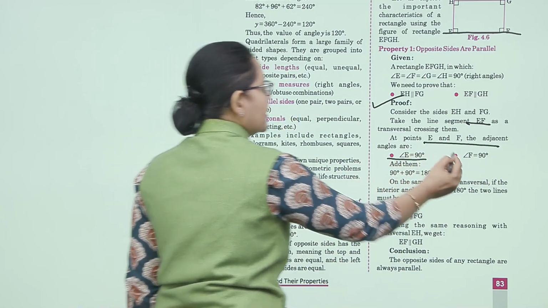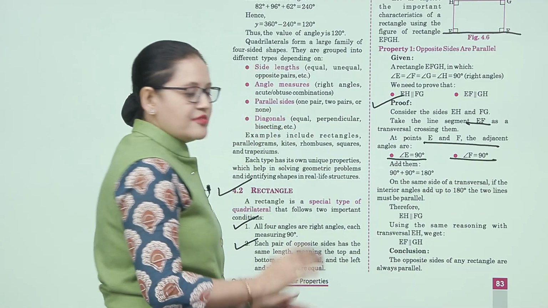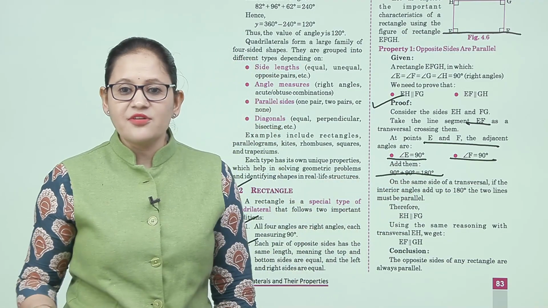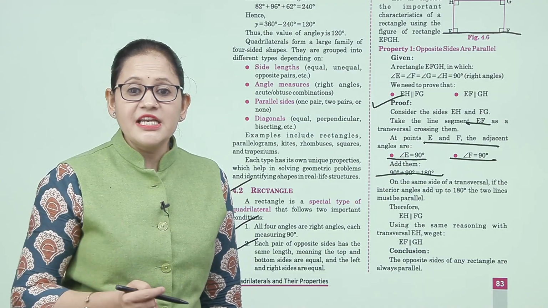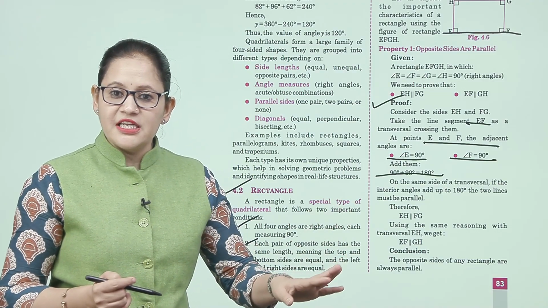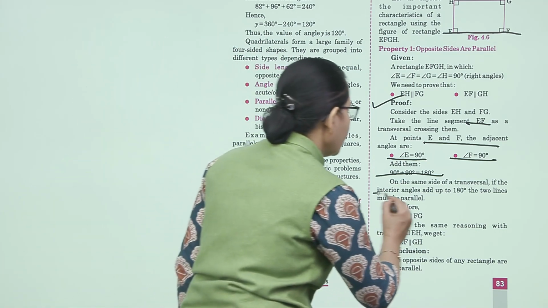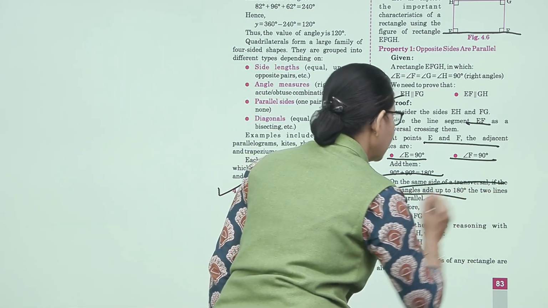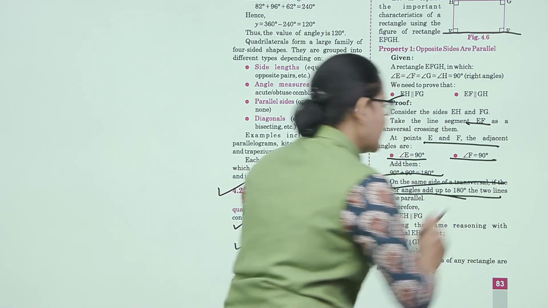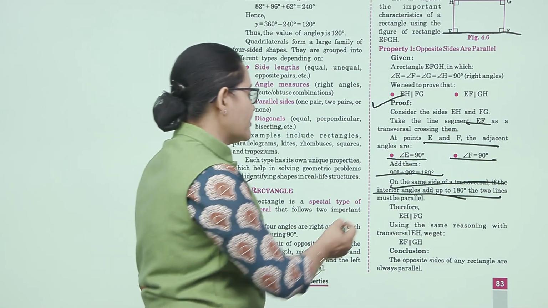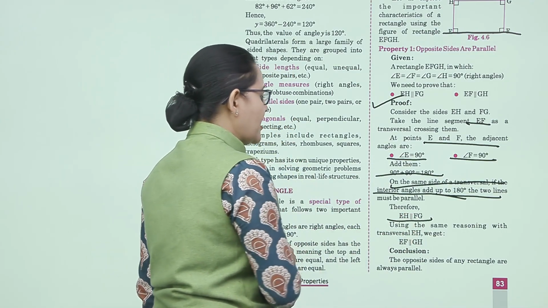So angle E is 90 degrees, and angle F is also 90 degrees. Add them together, 90 plus 90 gives 180 degrees. On the same side of a transversal, if the interior angles add up to 180 degrees, the two lines must be parallel. Therefore, EH is parallel to FG.